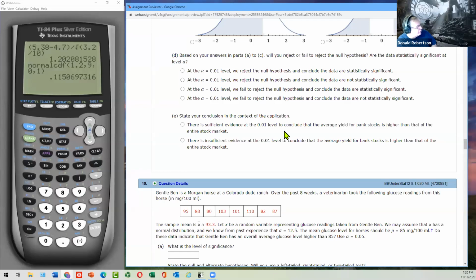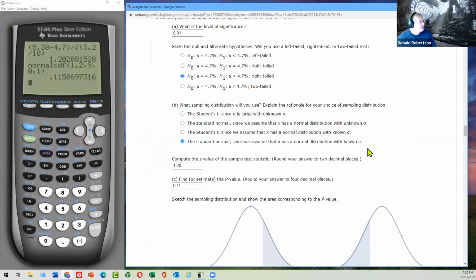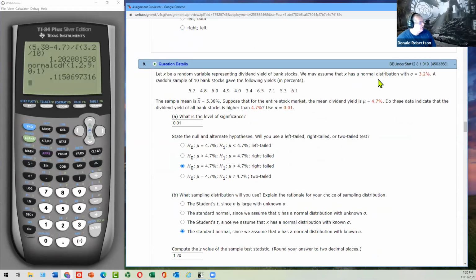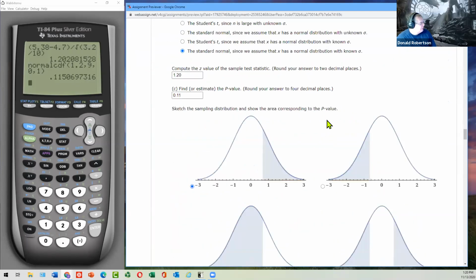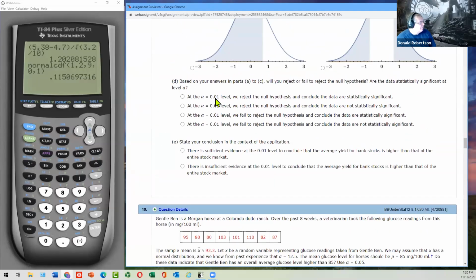Is that p-value 0.11 less than the significance level 0.01? So is 0.11 less than that? No, right? It's not less. So we go through this and we choose, what does that mean? At the 0.01 level, we reject it, or we fail to reject it.